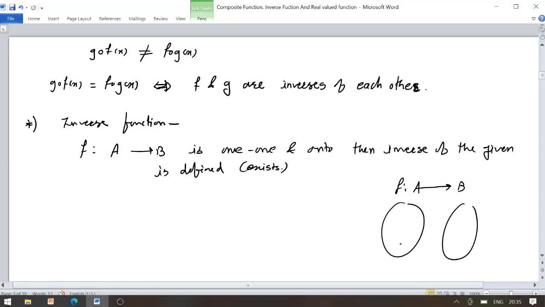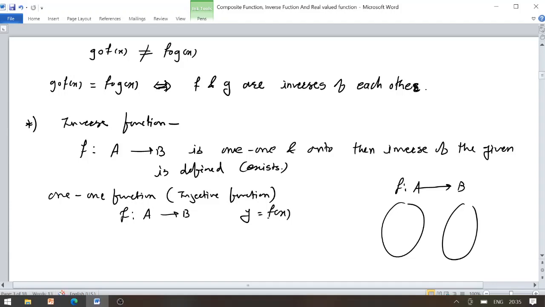Now how do we verify in general that a given function is a 1-1 function if it is given by a formula? A 1-1 function, or you may say an injective function. Suppose f is a function from A to B, denoted by y equals f of x.